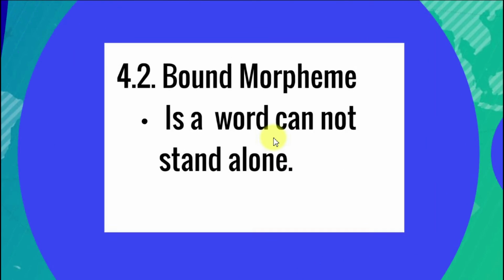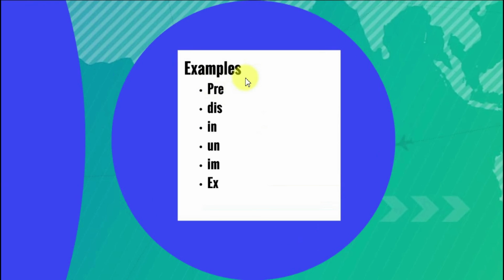And then we go to an example: free. Yes, free can stand alone. Words like un, in, im, ex: these are not standalone. So in totality, a bound morpheme is a word that cannot stand alone.